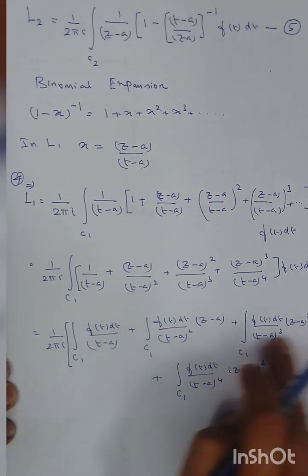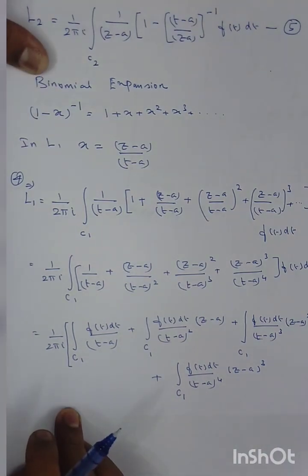Now you multiply this 1 by 2 pi i throughout.